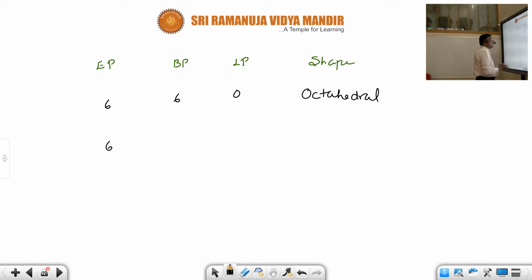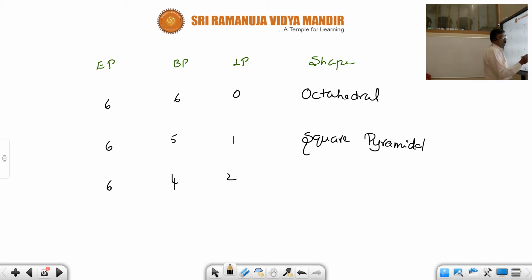Now if there are 6 electron pairs, 5 bond pairs, 1 lone pair, it leads to square pyramidal structure. Students, if you have 6 electron pairs, 4 bond pairs, 2 lone pairs, the structure is called square planar structure. So this is all about sp3d2 hybridization.